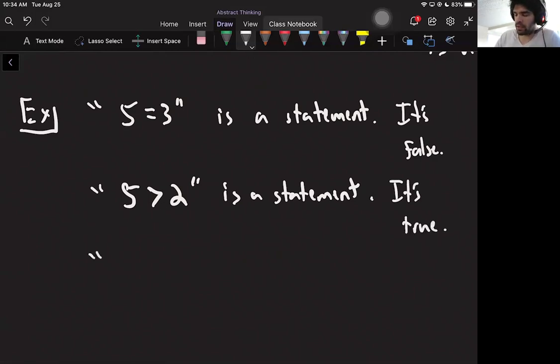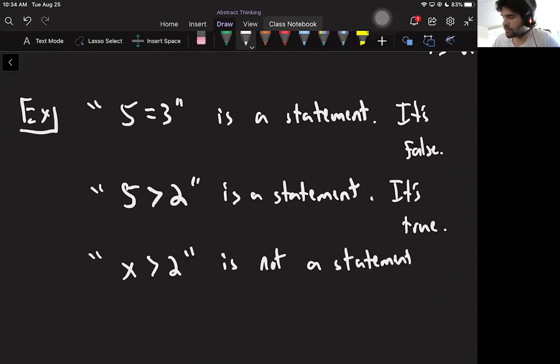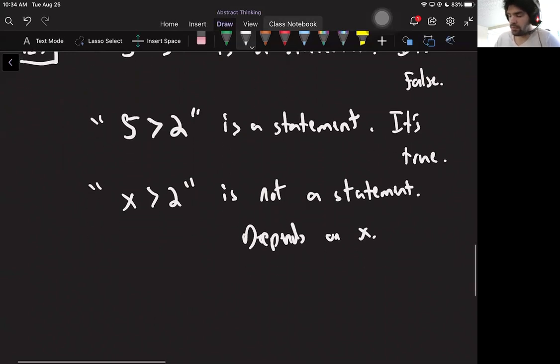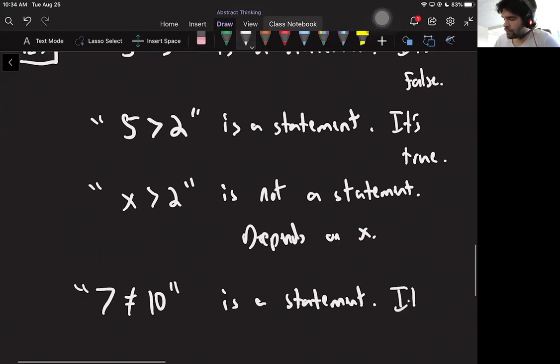But if I do something like x is bigger than 2, it's not a statement anymore, because it depends on x. I can do something like this. 7 does not equal 10. This is a statement, and it's true, because 7 does not equal 10.